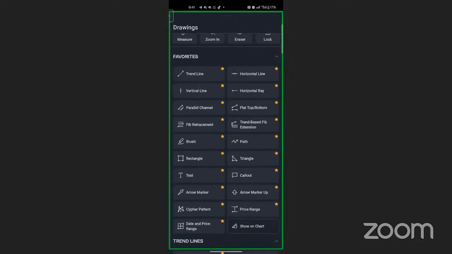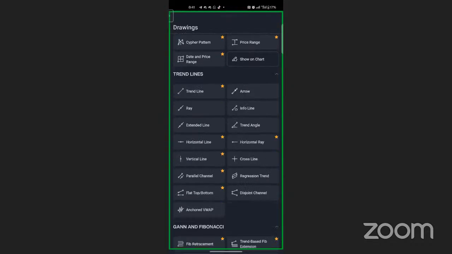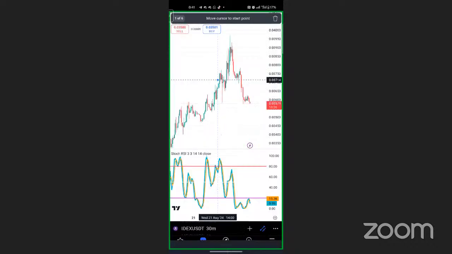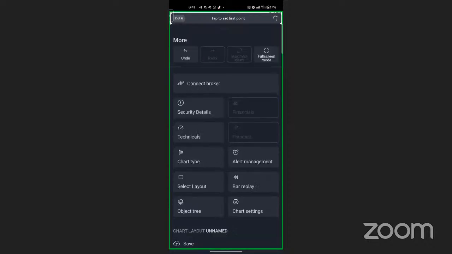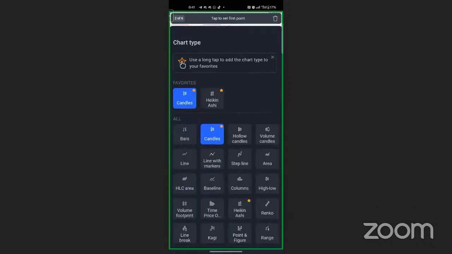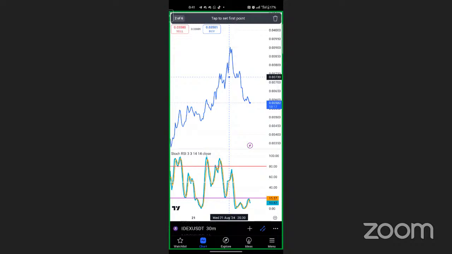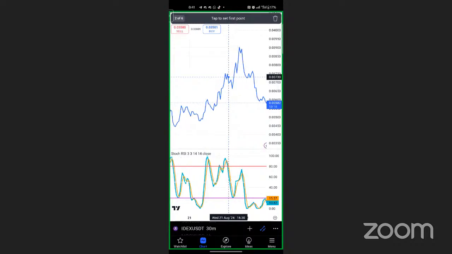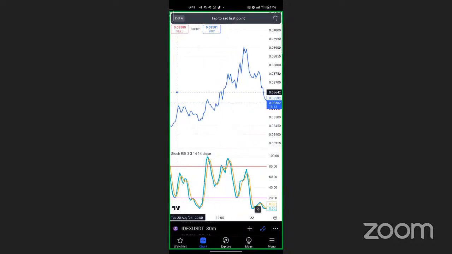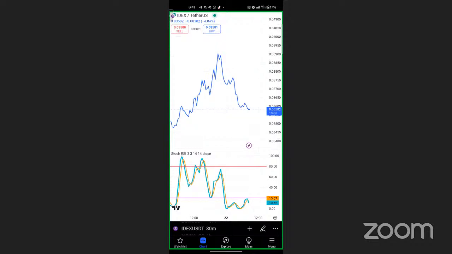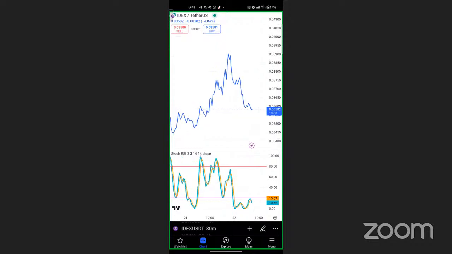Okay, now we want to draw. So I take this, turn it to a line, like this. Balance my chart.